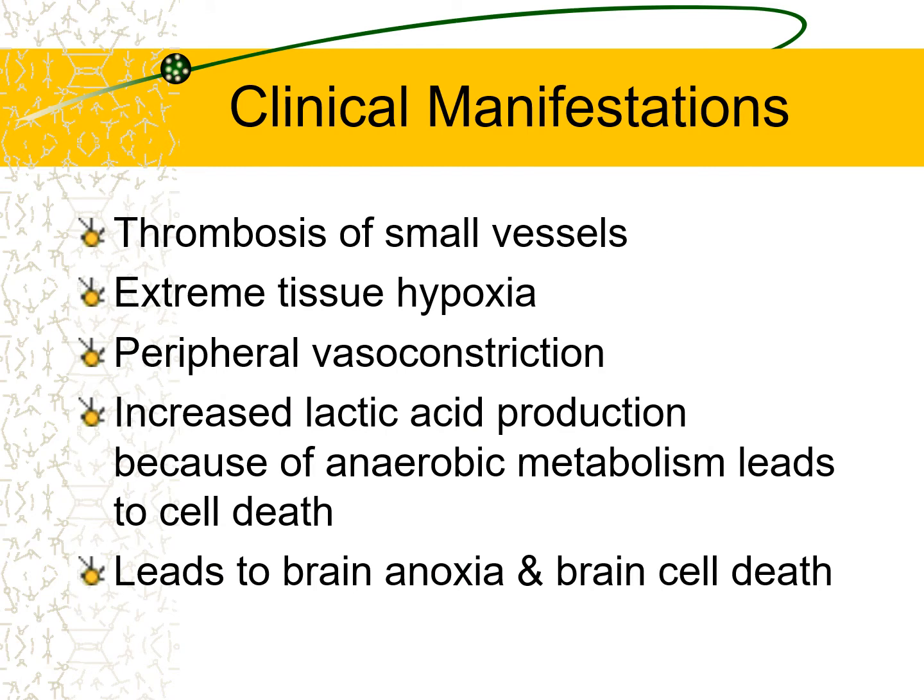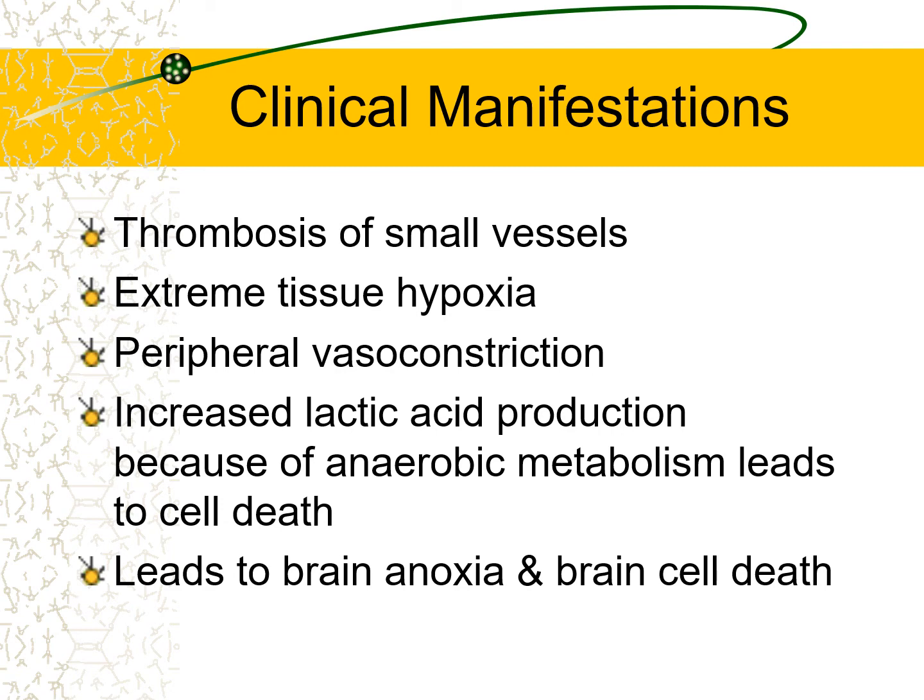In this late irreversible stage of shock, there is thrombosis of the small vessels. We have clotting and obstruction of blood vessels so that tissues cannot be perfused. We have extreme tissue hypoxia. We have peripheral vasoconstriction.